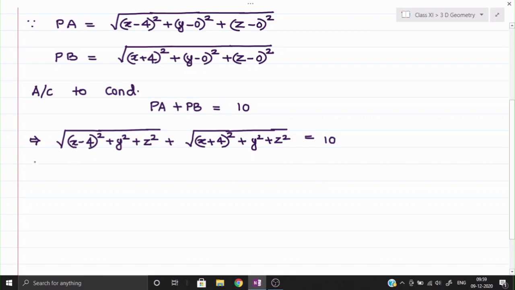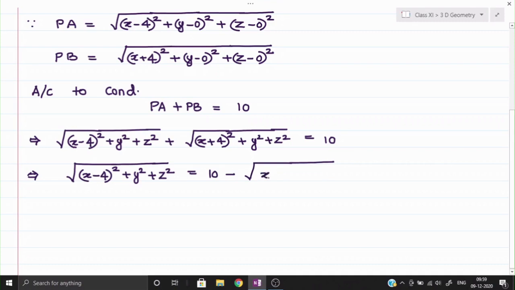So under root of x minus 4 whole power 2 plus y square plus z square is equal to 10 minus under root of x plus 4 whole power 2 plus y square plus z square.